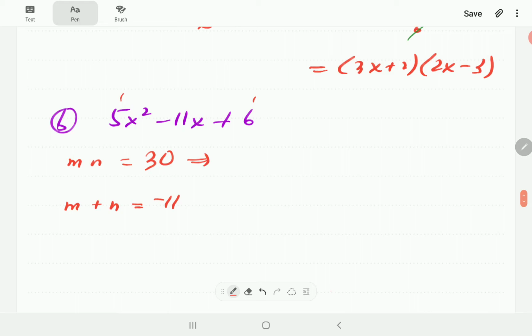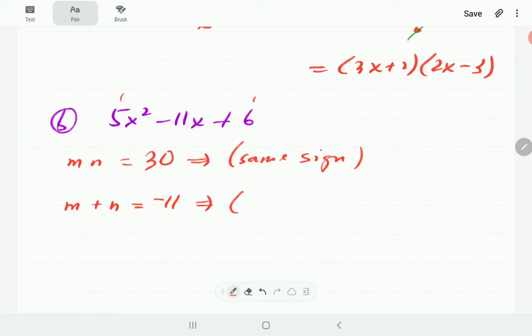The first one, since it's a positive number, tells us that m and n have the same sign. So they are either both positive or both negative. Then the second statement tells us that they add up to a negative number.